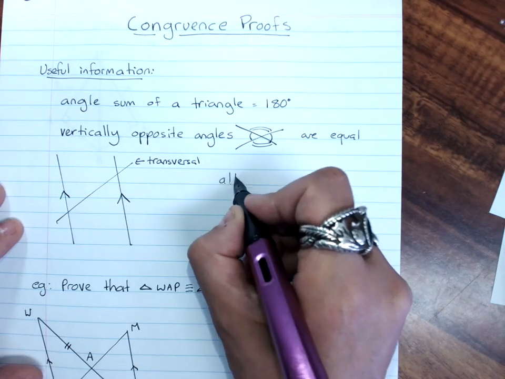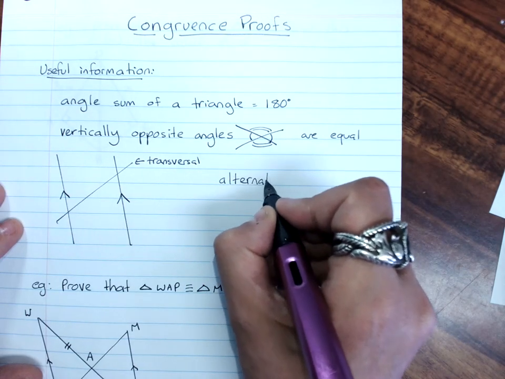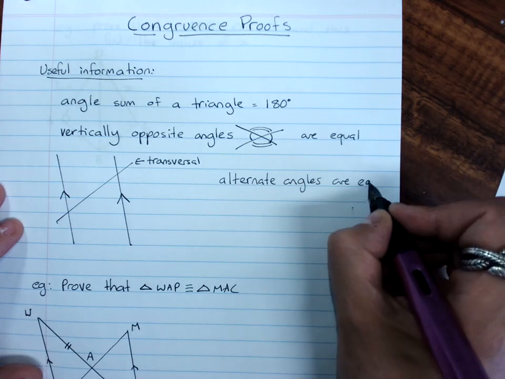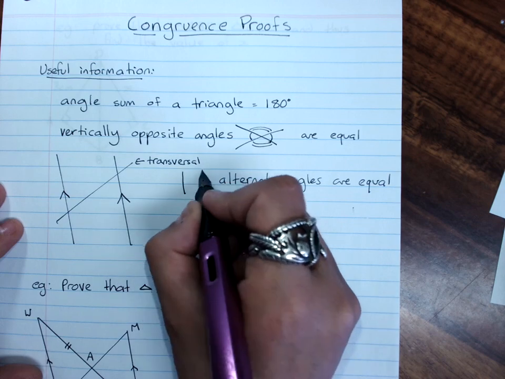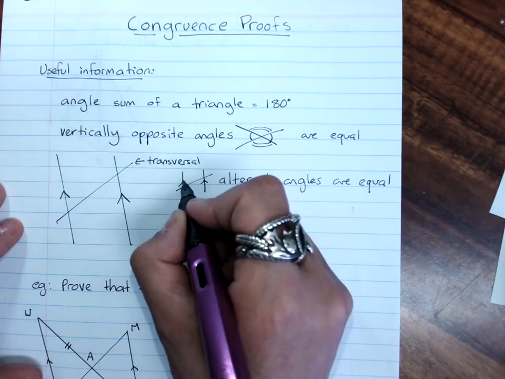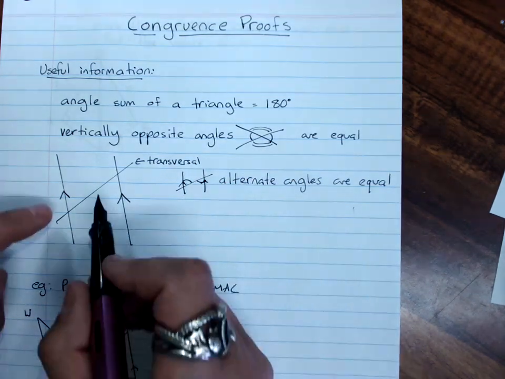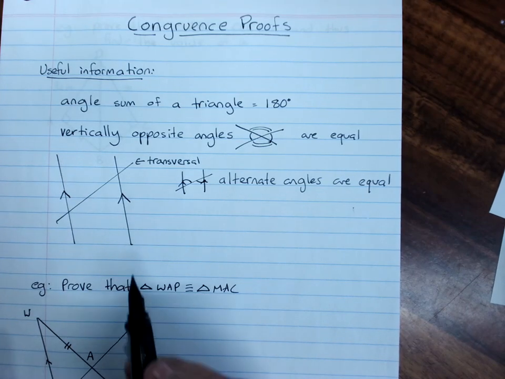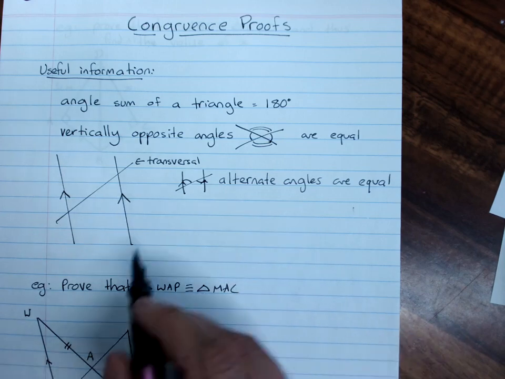We have alternate angles. Alternate angles are opposite sides of the transversal, so here and here, or here and here, inside the two parallel lines.